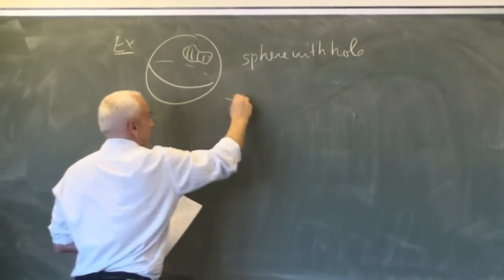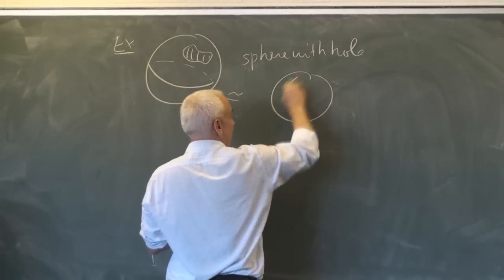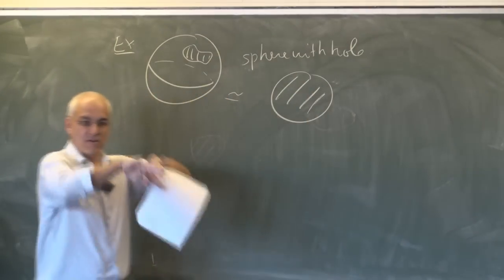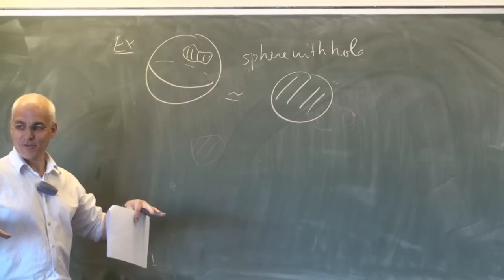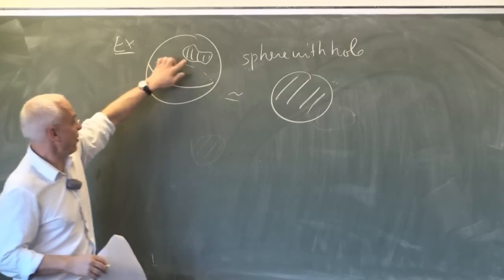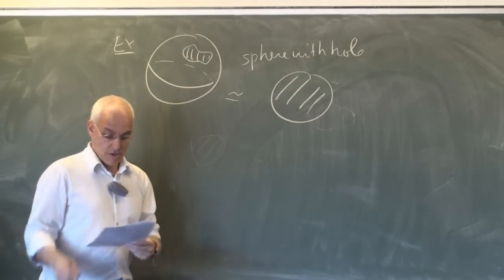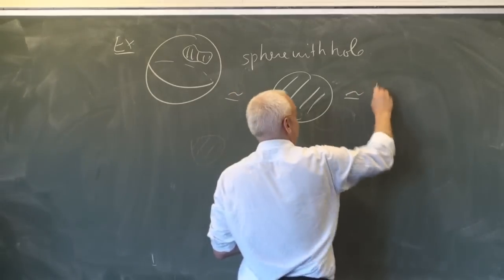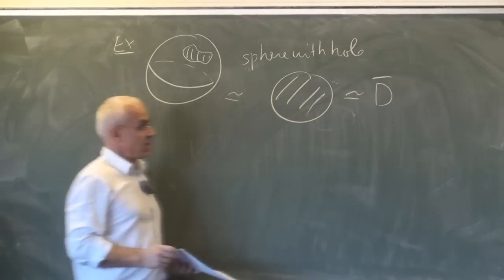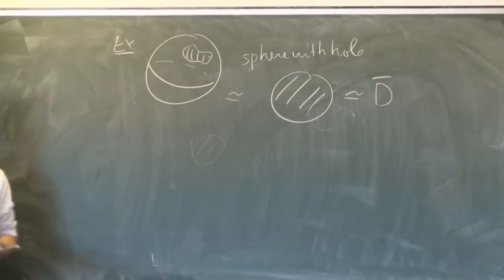Well, this is homeomorphic to just a disk. You can just flatten out the sphere and you get a disk. The hole that you've drawn becomes the boundary of the disk. So we could introduce this notation, d bar for closed disk.